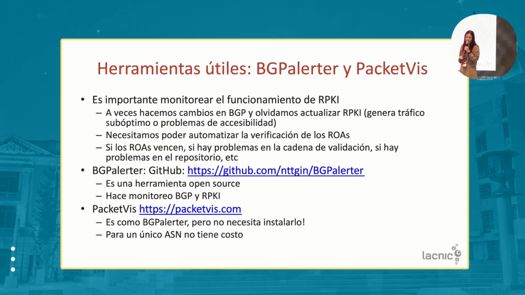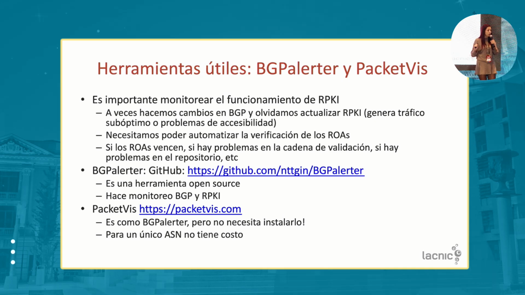This slide shows some of the useful tools for monitoring these certificates and also for validation. We have mentioned the validity status of a route, and this depends on how you generate the ROA. If I have it generated properly, it appears as not found.